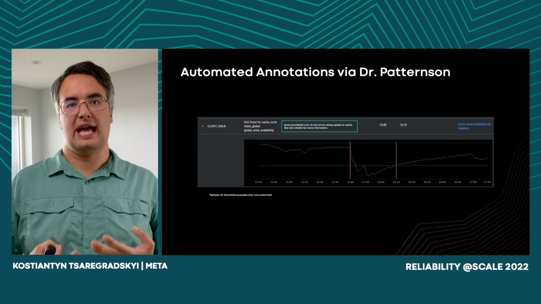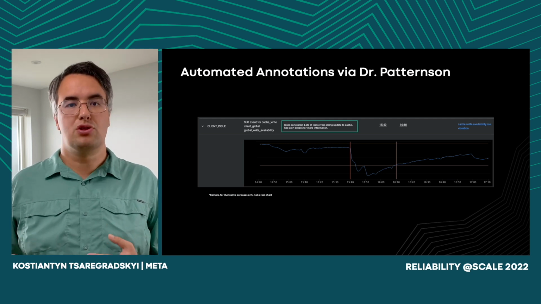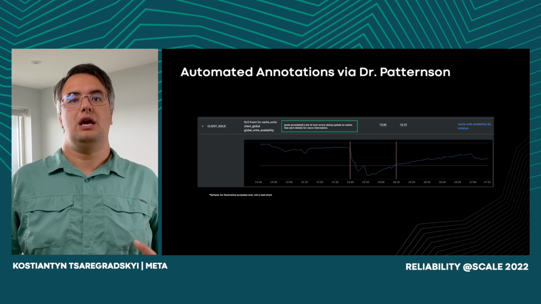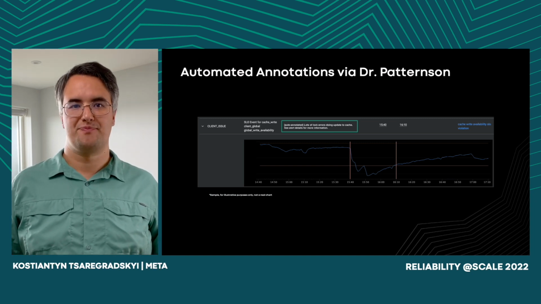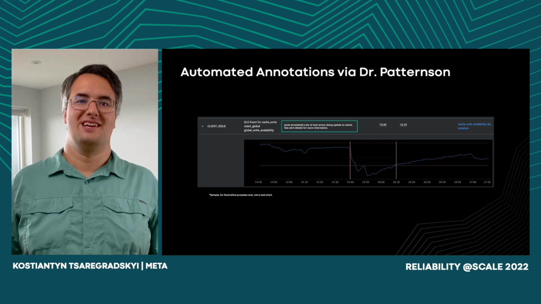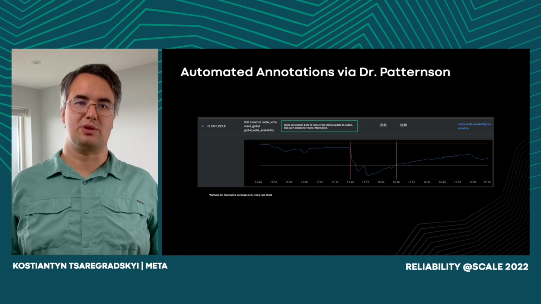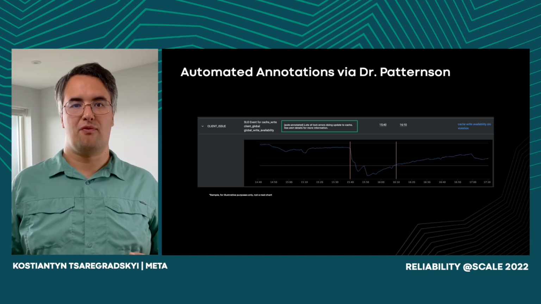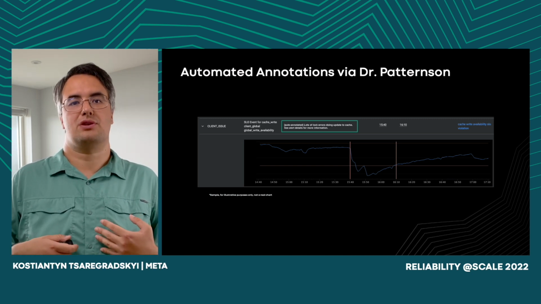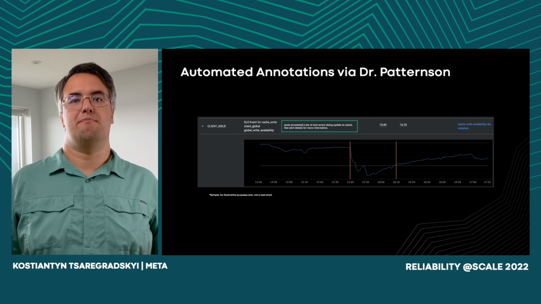In case this analysis script is capable of figuring out conclusively what the issue was, it will create an annotation and add this data to the annotation. Of course, not all issues can be annotated automatically, but there is a class of problems where Dr. Pattinson is working really well. It's a great help for on-call people because it reduces a lot of workload for them, as they don't need to do that process manually.